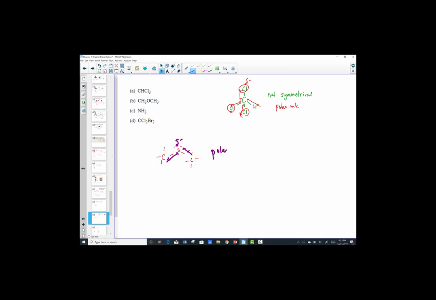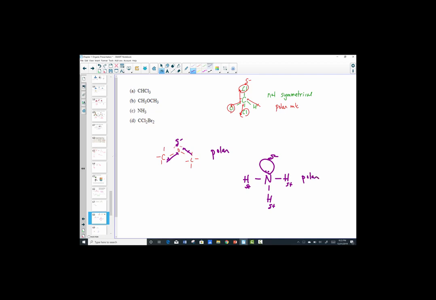So this is also a polar molecule. NH3, when I draw its Lewis dot structure, I can see a very rich area here of electrons, making this very electron rich, and the hydrogen's very electron deficient. So this is a polar molecule.